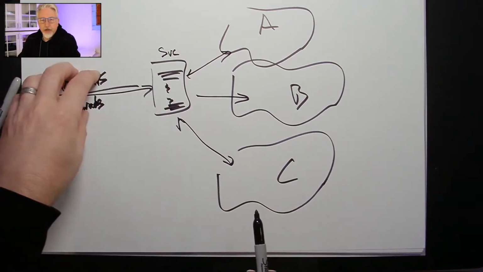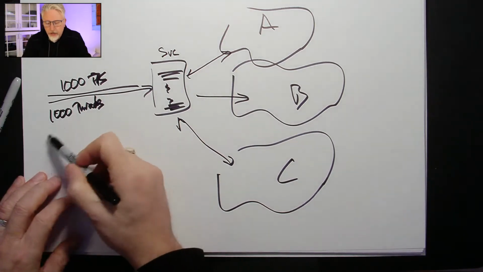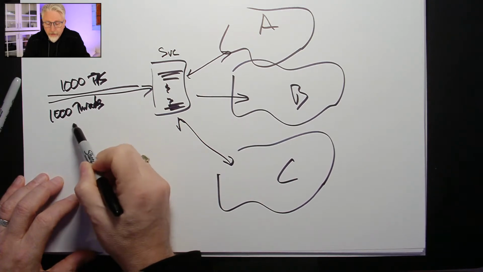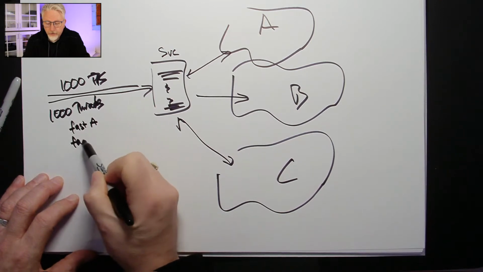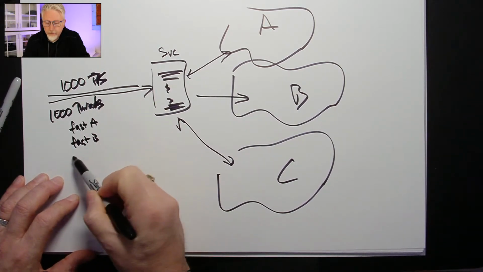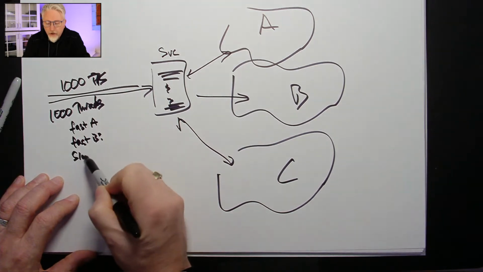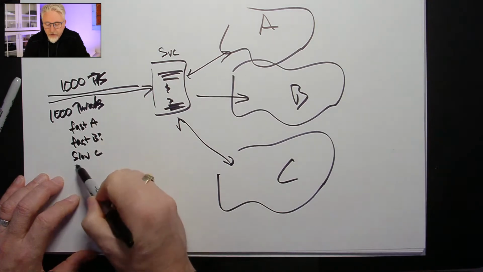If I have JMeter configured with one thread pool, I'm going to have some requests that are super fast on A. I'm going to have a bunch of threads that get requests that are super fast on B, and maybe they're questionable. And I'm going to have slow stuff on C. But actually, there's fast C as well.